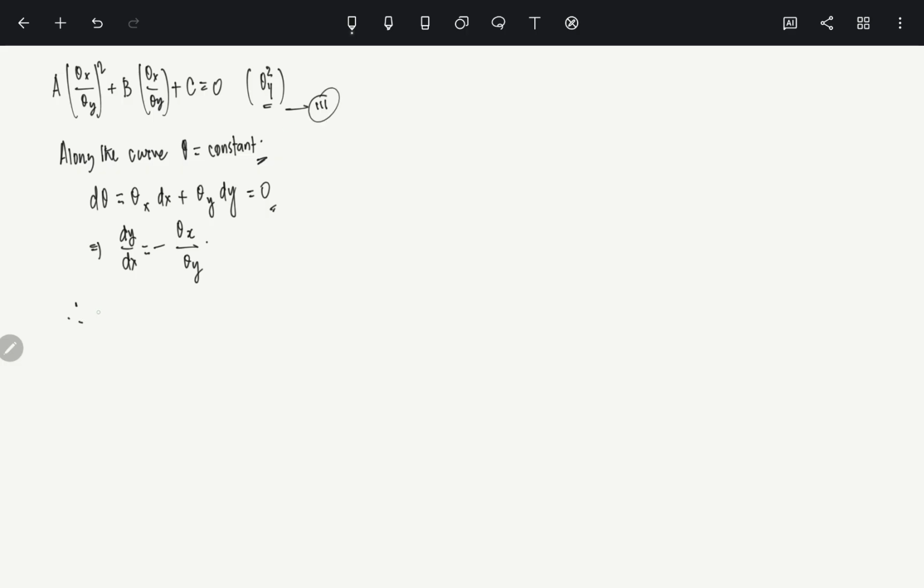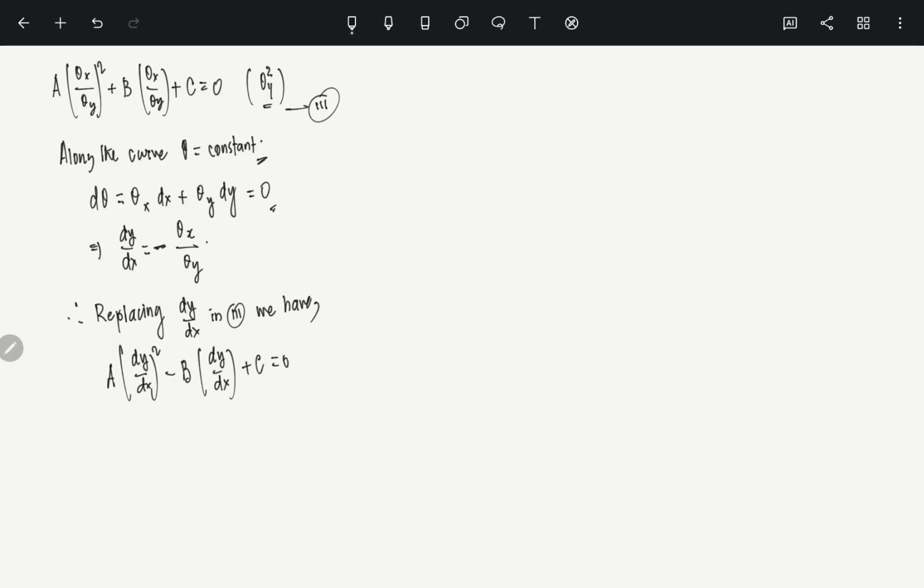Now if I replace this dy by dx in our equation 3, what do we get? Replacing dy by dx in 3, we have a (dy by dx) square minus b (dy by dx) plus c equals 0, right?